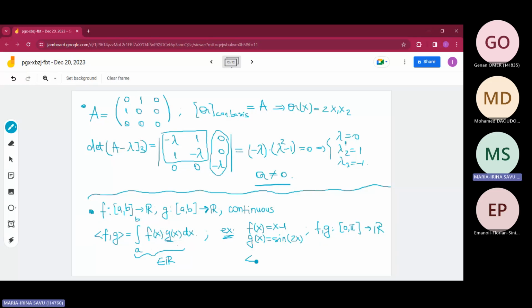Then in this case, the dot product between f and g is the integral from 0 to pi of x minus 1 times sine of 2x dx. And now I will give you 5 minutes to find the value of this dot product, and then you tell me.